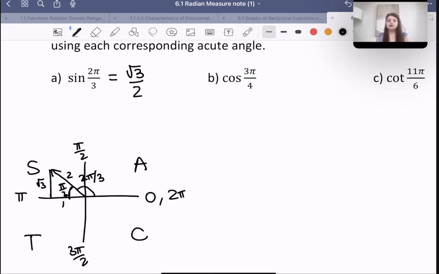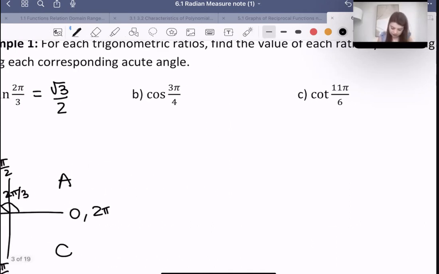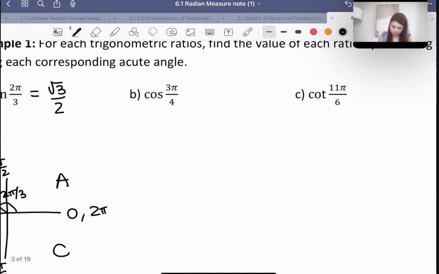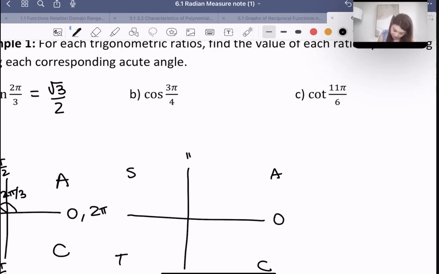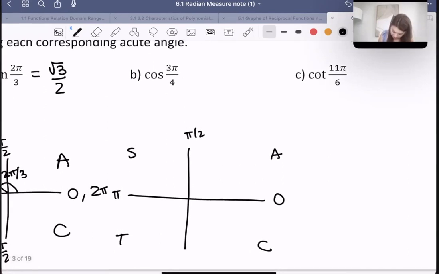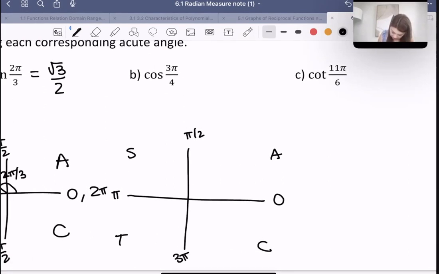Okay, let's do some more examples here. Here we have cosine 3 pi over 4. So let's draw out our little diagram here. And then here we have 0, pi over 2, pi, 3 pi over 2, and then 2 pi.